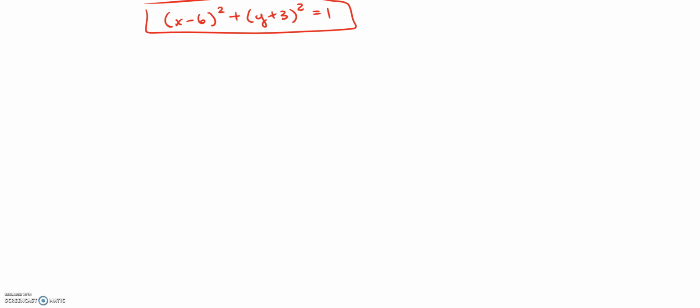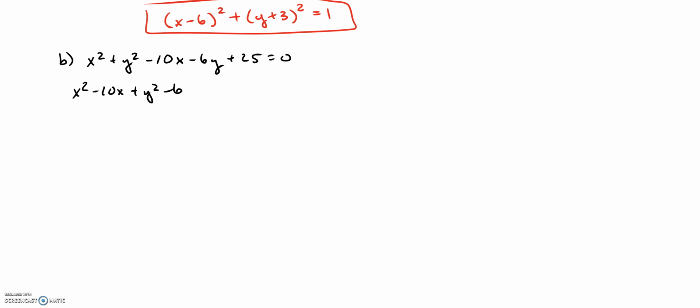6b, x squared plus y squared minus 10x minus 6y plus 25 is equal to 0. x squared minus 10x plus y squared minus 6y is equal to negative 25.